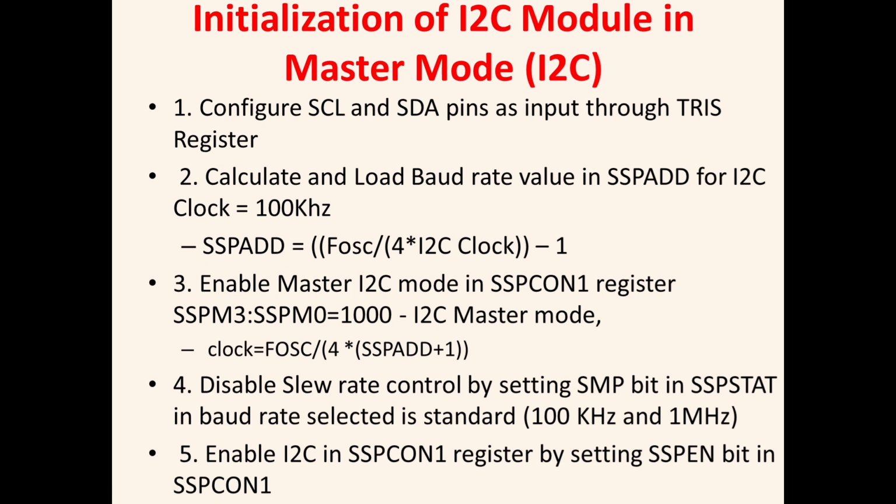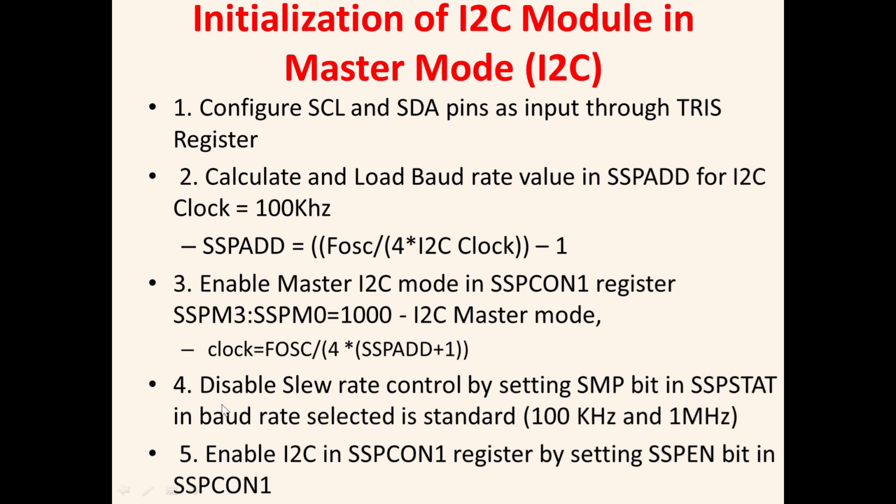Third step, if you want to enable master in I2C mode, you require the SSPCON1 register. You can utilize this as the I2C master mode, and through that you will be able to enable the master mode.